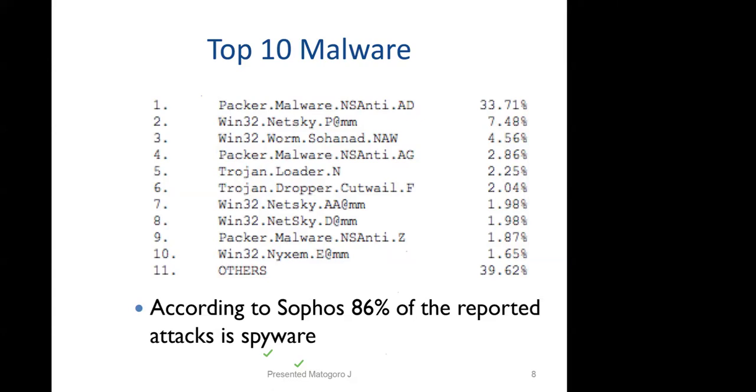You can now see the top 10 most prevalent attacks. Some of them, for example, are taking 33.71 percent. But in the report that I've shared, most of these attacks could be associated with process injection.